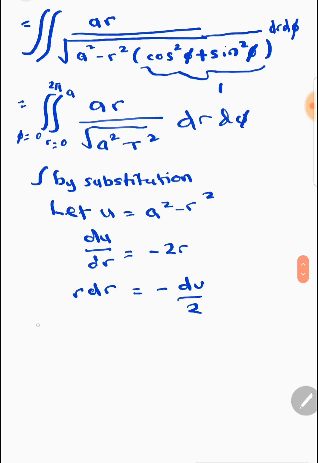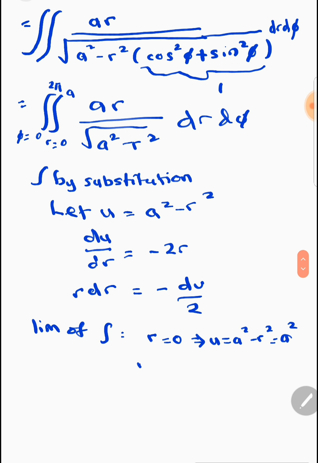So when I have this, remember earlier I have my r from 0 to a. So now let's work on the limit of the integral. The first one, r is 0. I'm talking about this one here. So when r is 0, I replace it in u equals a squared minus r squared, so u then becomes just a squared.